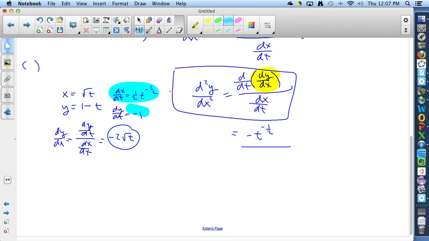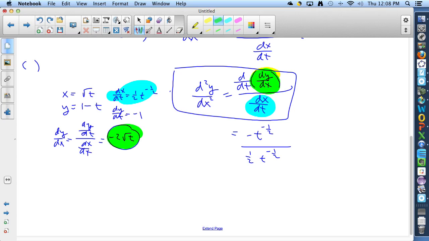Actually, dx over dt is right there. It's 1/2 t to the negative 1/2. And maybe just to make sure we understand, the derivative of that is there, and that's how we got the t, right?